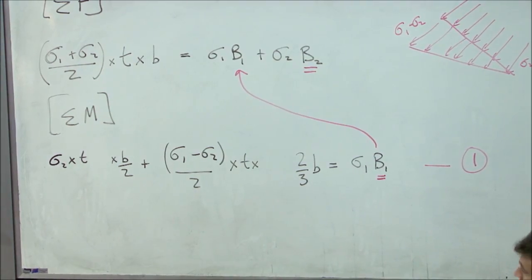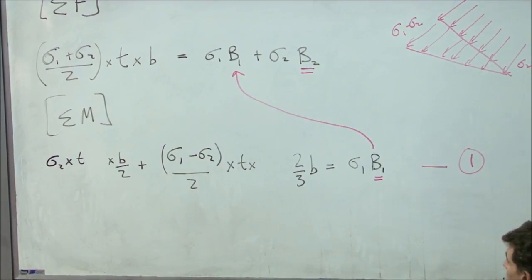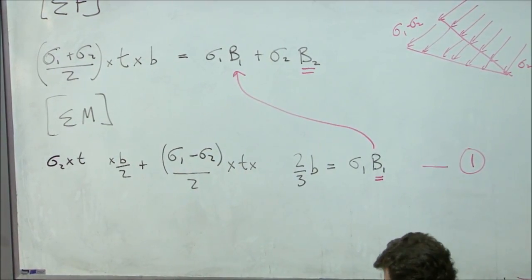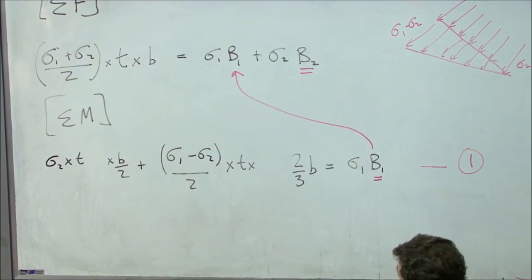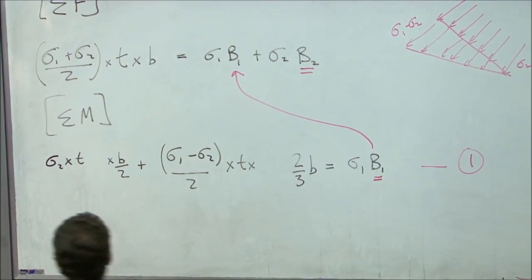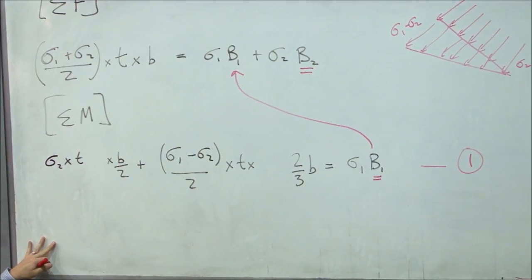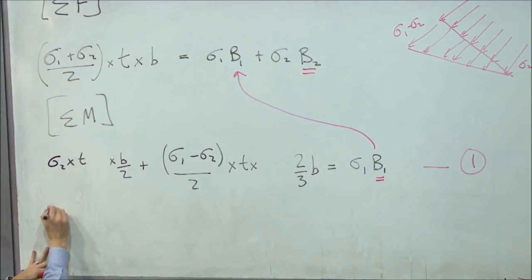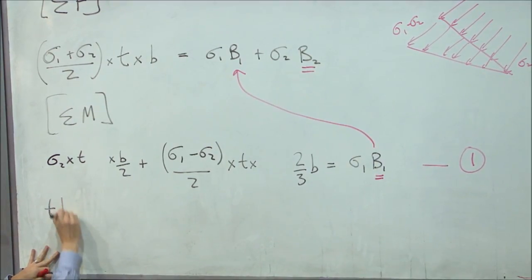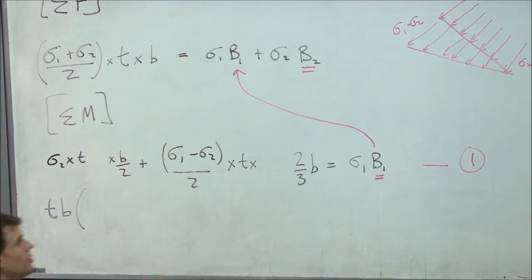Okay. So every term here has a T and a B in it. So I'm going to bring them out the front. And I'm also going to bring a 6 out the front, because I need to get rid of all the bits on the bottom.